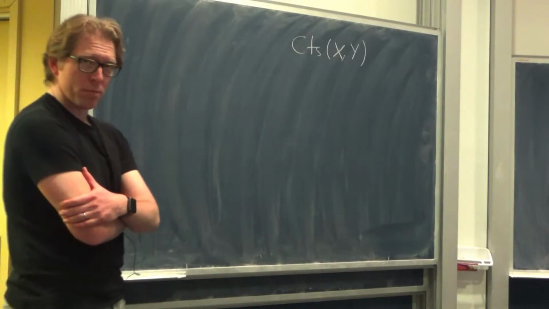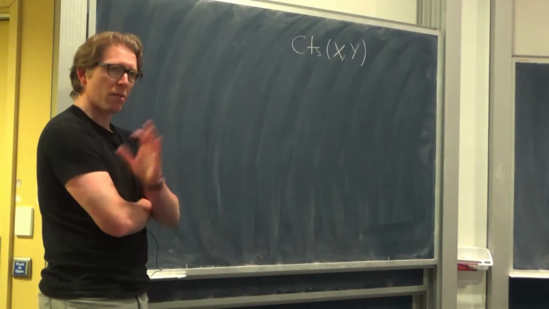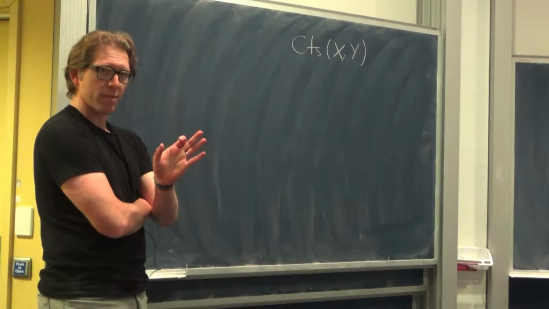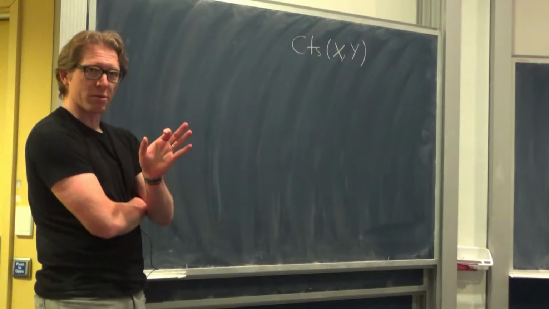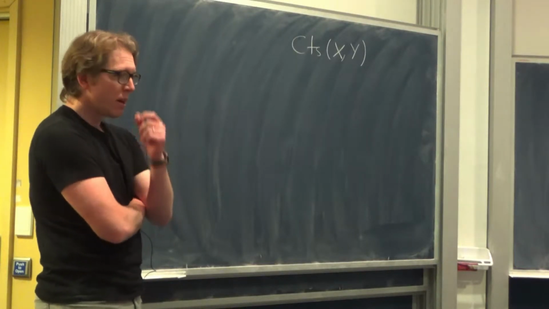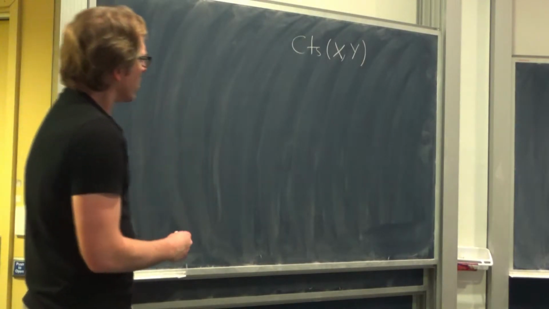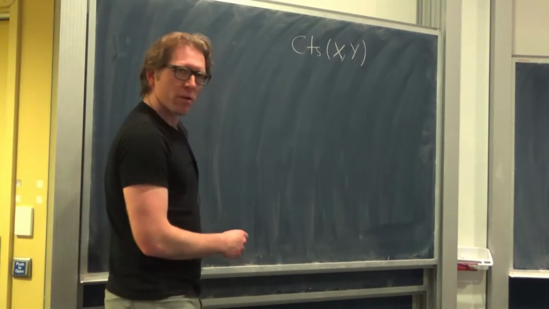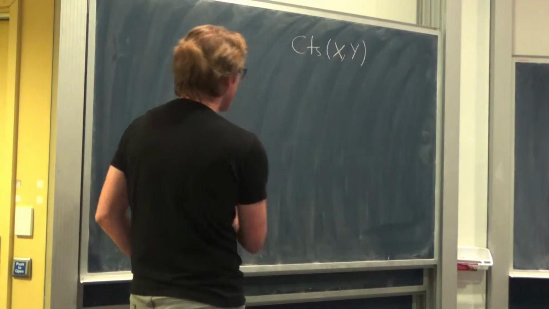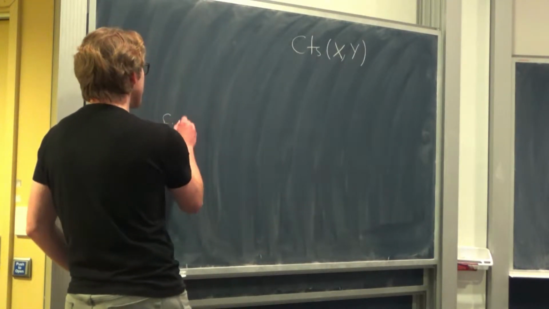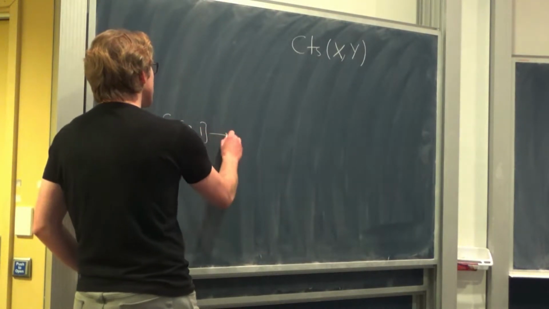It's not clear, however, how to put a topology on these sets. That's not meant to be obvious. These aren't obviously topological spaces in a useful way. But it should be plausible, perhaps, that we can make them topological spaces if you think about the following example.